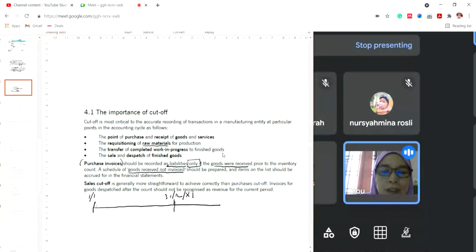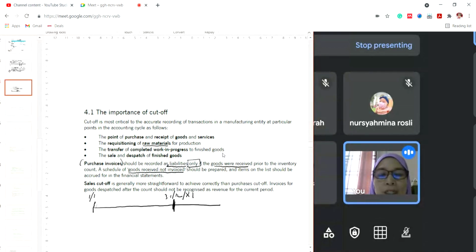So this is the cut off period. When you want to look at whether the company has completely recorded the purchase invoice, you have to look at where or how to recognize that purchase invoice as a liability. So only if the goods were received prior to the inventory count.